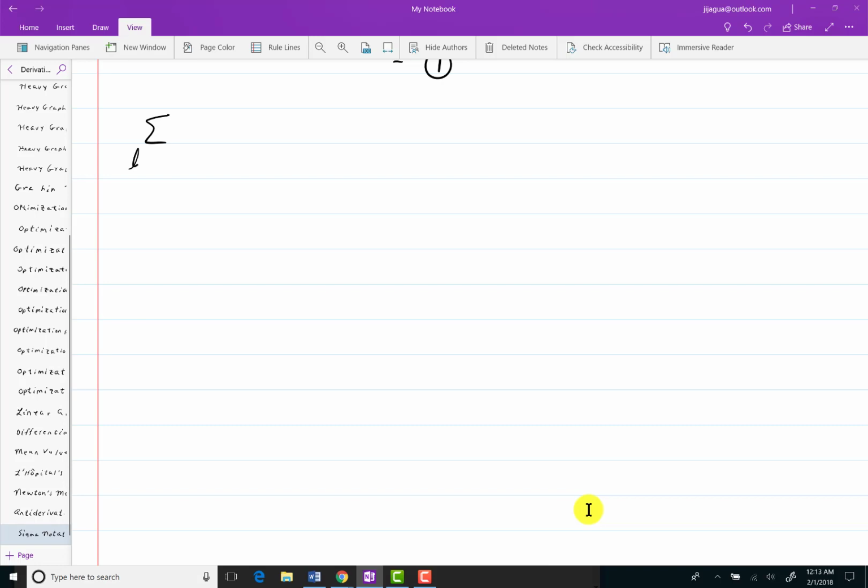Let's do k equals 0 to 5 of cosine of 2k pi.